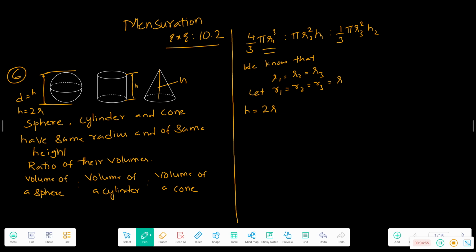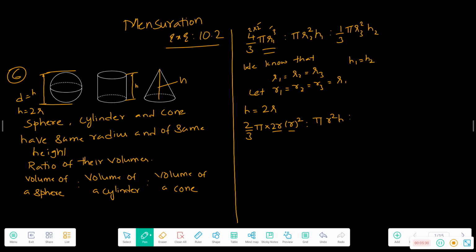So this I can write as 2 by 3 times pi into 2r into r square, because here 2 into 2r is 2 by 3 times 2r, into r square. Pi r2 can be written as pi r square times h, since the heights are the same, h1 equals h2.